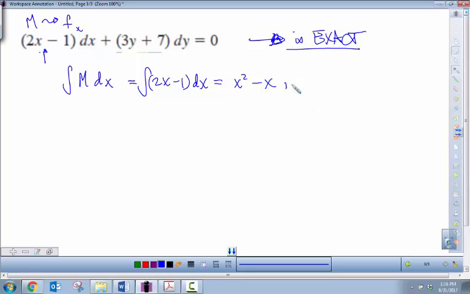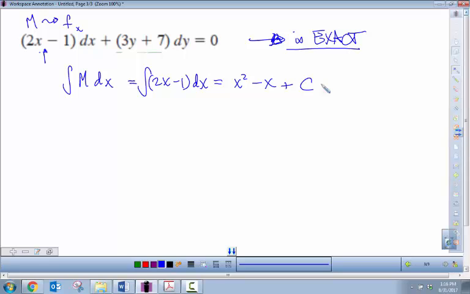Right? Now, let's be careful with the c business. The c is a constant, but this is constant with respect to x, which means the other variable, y, is a constant with respect to x.